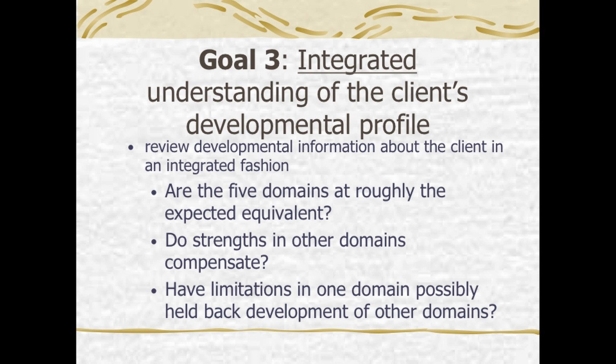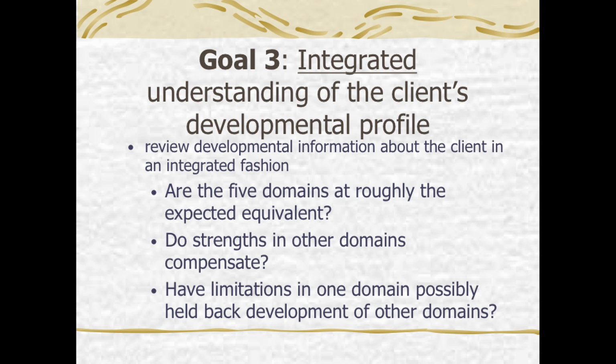There are 3 simple questions you can ask yourself once the information about the client has been put into a SPICE format. Question 1. Are the 5 domains at roughly the expected equivalent level to each other, or are there markedly stronger or weaker domains that stand out compared to the rest? Question 2.